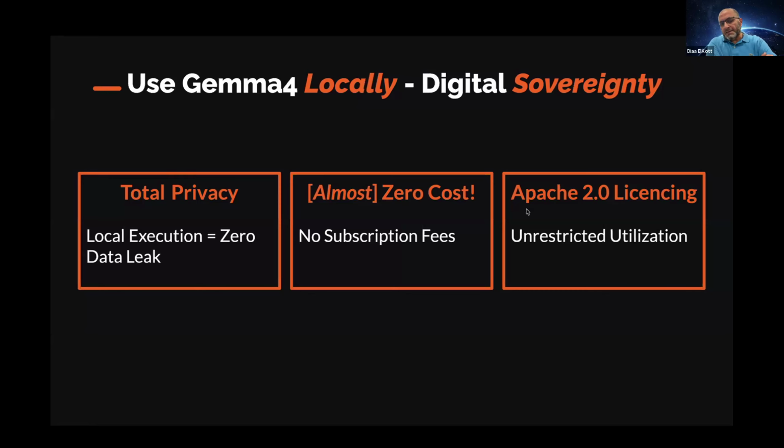Thirdly, and this is specific to Gemma 4, to the best of my knowledge, the Gemma 4 local models come with an Apache 2.0 license, which means you have totally unrestricted utilization of these models. You can use them for personal usage, for commercial purposes.